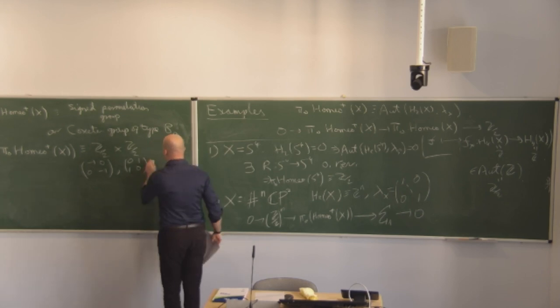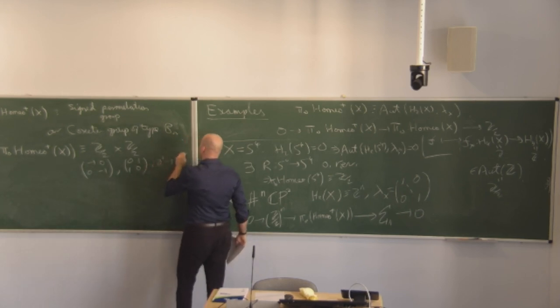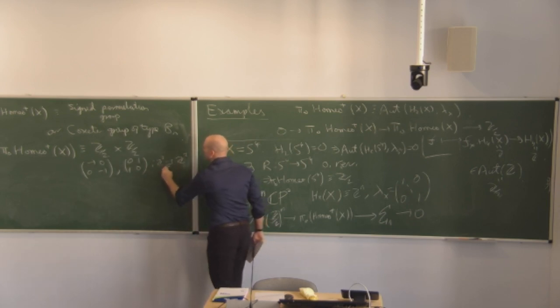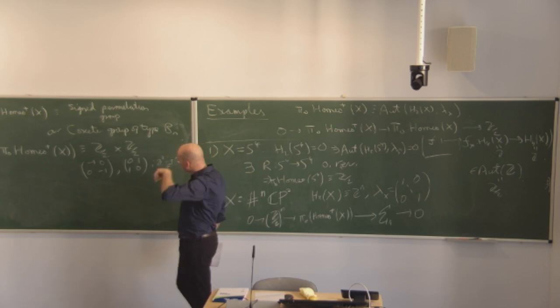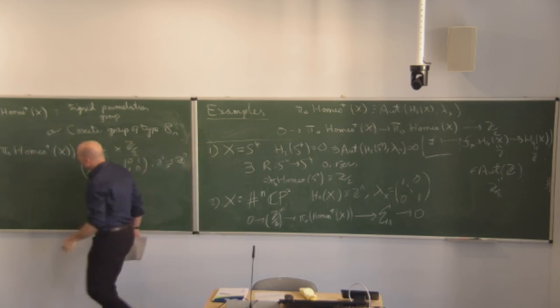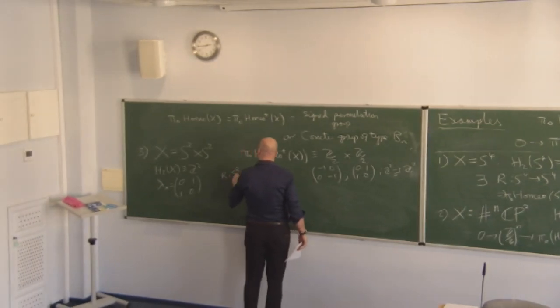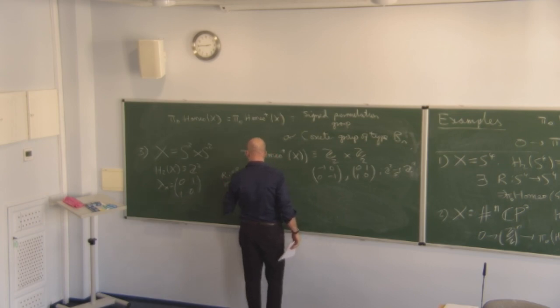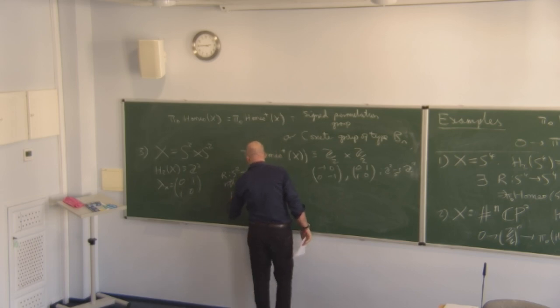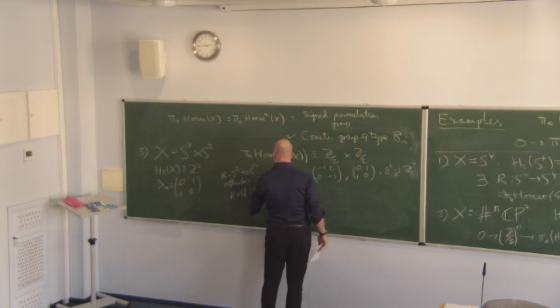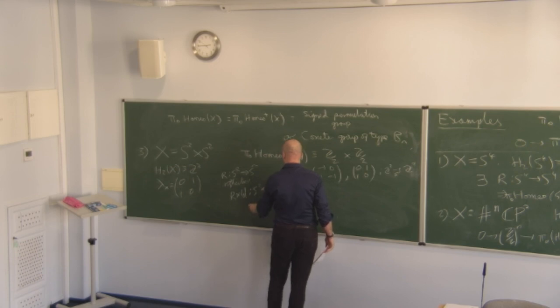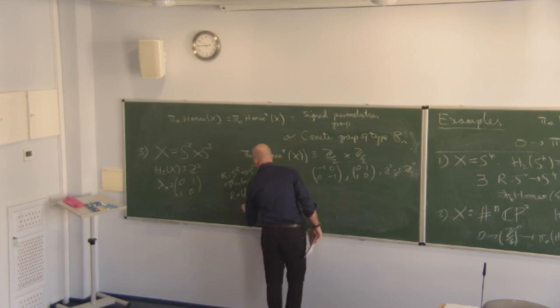So these are both isomorphisms like that. And then, this thing has an orientation reversing map. I can take R from S2 to S2, a reflection, and then I can take R cross id from S2 cross S2 to itself, and this is orientation reversing.